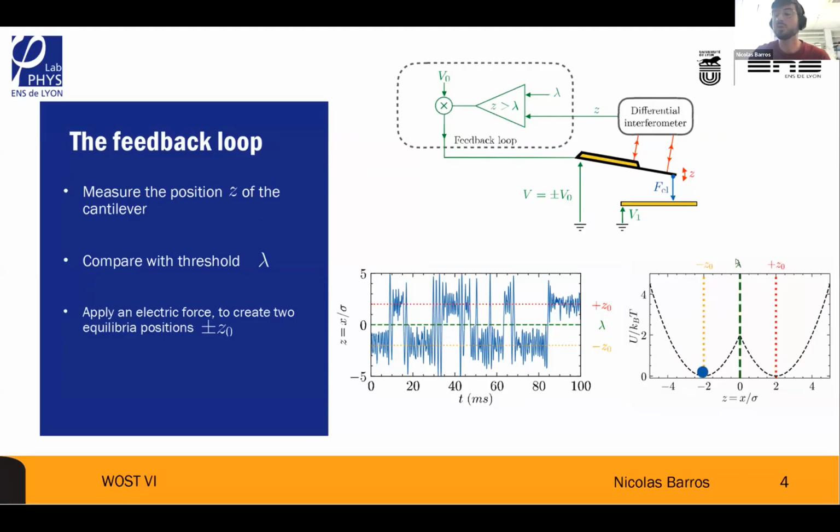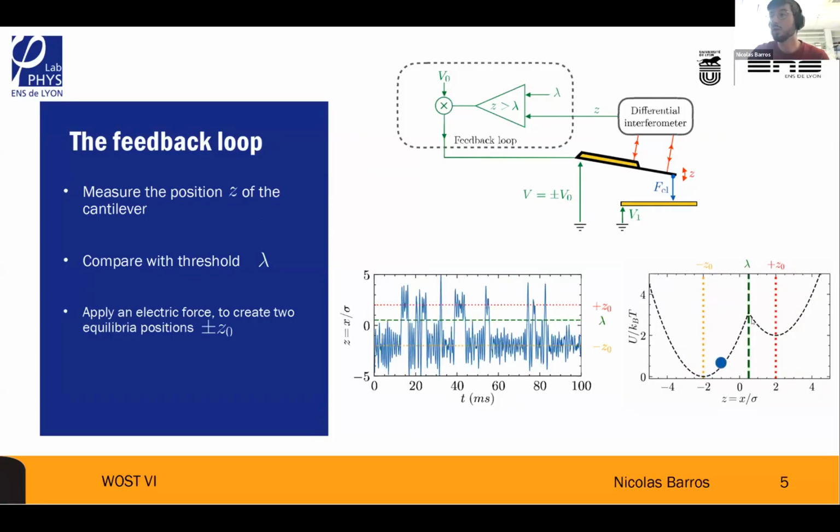However, there's no problem with choosing another value of lambda, creating an asymmetric potential, because in a way, the cantilever has more room on the left side, or here the bottom state, to evolve, implying that the energy of the potential is lower on the left side. We can thus create a potential that is tunable with two wells and measure accurately the position of the particle.